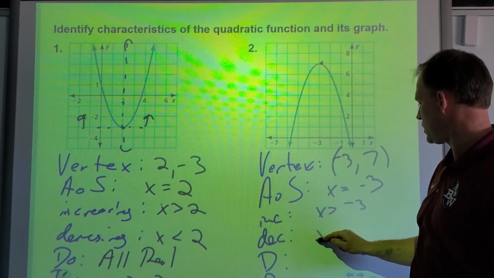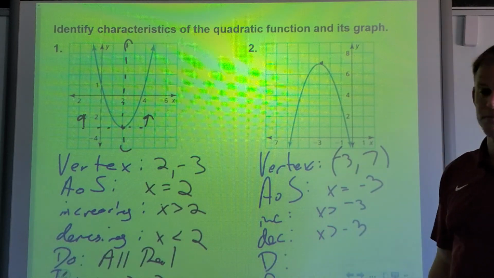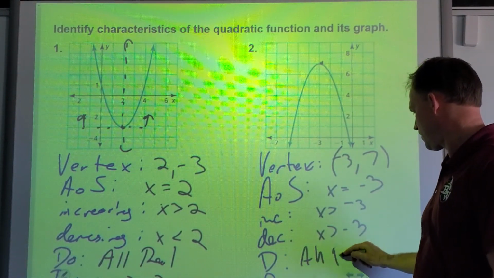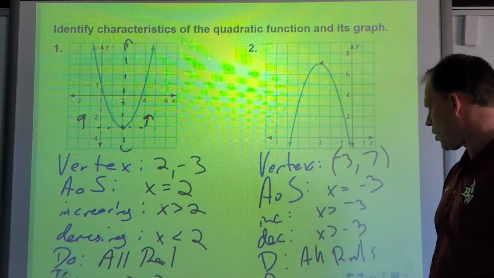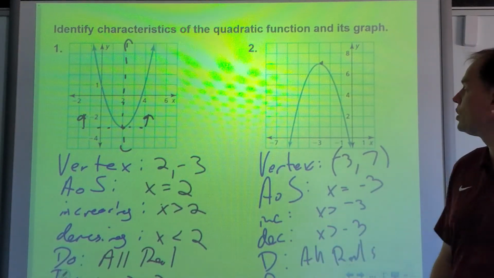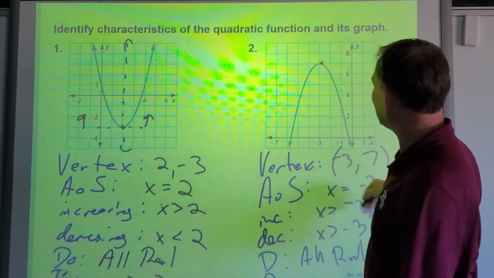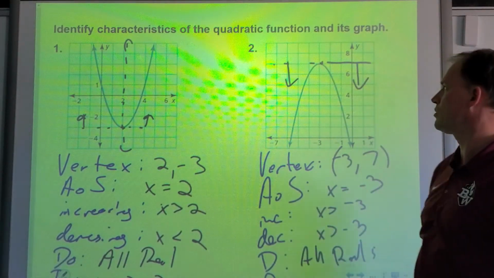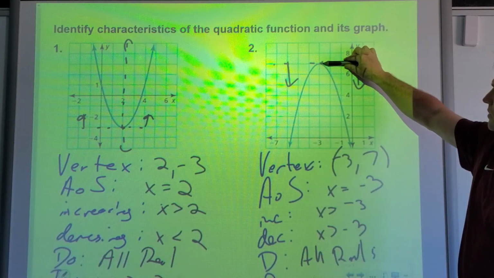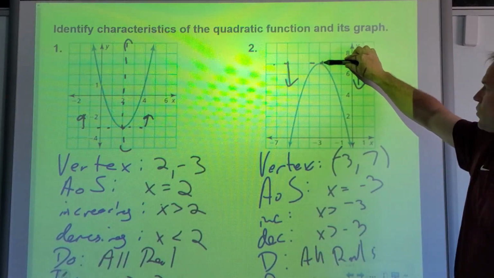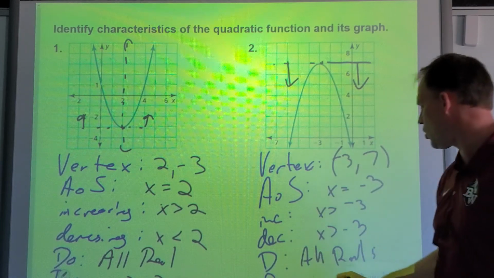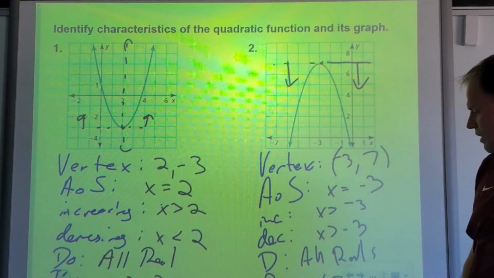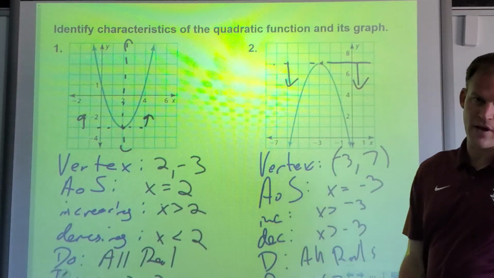It's decreasing greater than -3. All right. Domain. All reals. What's the range? Well, this one is upside down, so the function lives down here. The function's got a highest point right here, and the function lives below, so it's y less than or equal to 7. Any questions about any of these values before we move on?